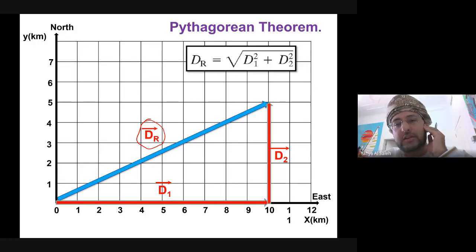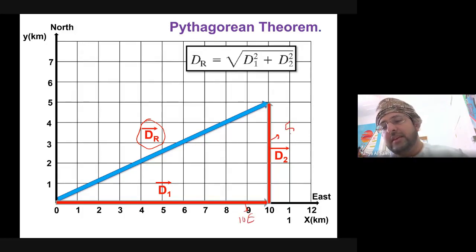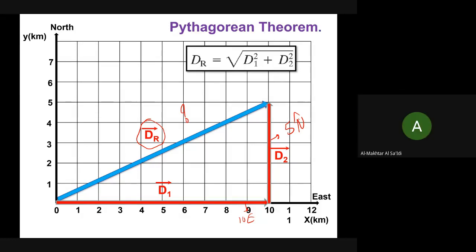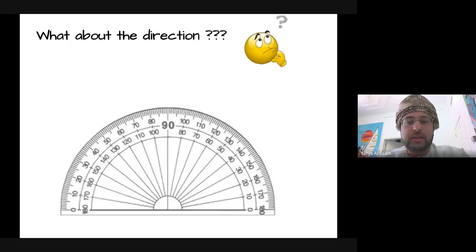Now on a graph, it's very easy. We drew it, so the direction is obvious. But we still don't know, because this one we can easily say 10 east. This one we can easily say 5 north. This one, we can find the number, but in what direction? Angle from the x-axis. Okay. So we can give it using an angle.